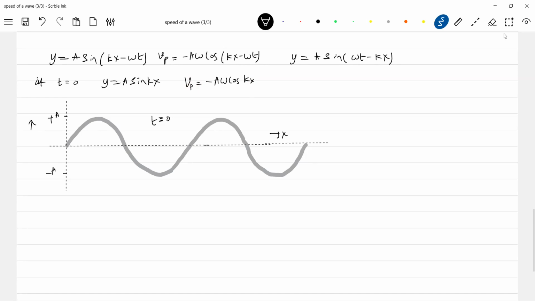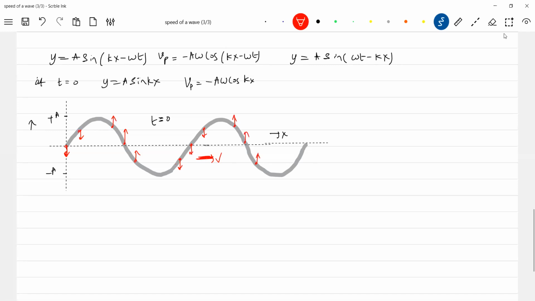And we know some idea. The wave is propagating in what direction? Towards right. Then how will this point be moving like this? Okay, great.